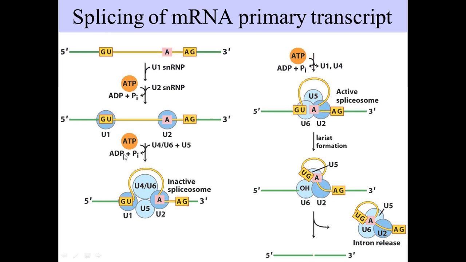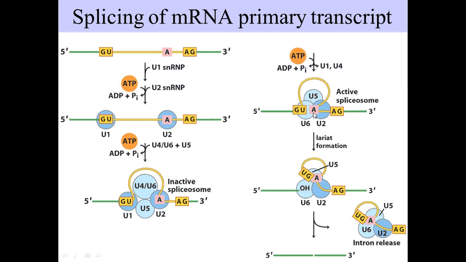Then you see the U4, U6, and U5 complex coming together over here, and U6 is going to dissociate from U4, and then U6 is going to come and displace U1, so you lose U4 and U1. Over here U4 and U1 are leaving. There's some more ATP being used and converted to ADP, and it brings this close together.